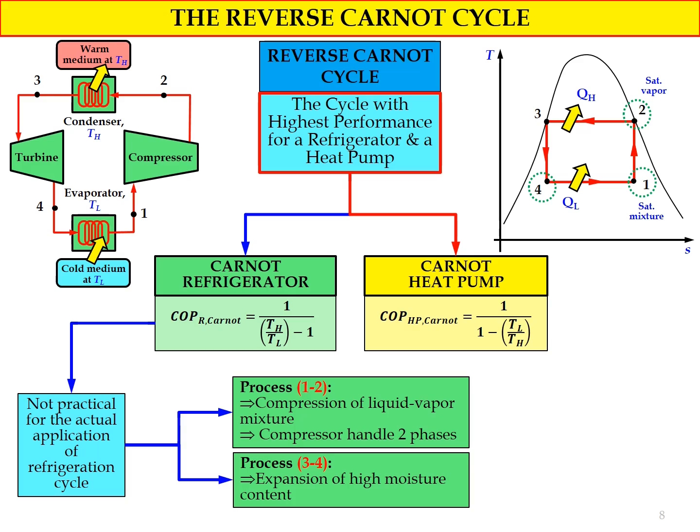So along the expansion process, the moisture content keeps increasing in the turbine. This condition is not good for the turbine blade, as the high moisture content will damage the blade during the expansion process. So we have low vapor quality and also high moisture content as problem number 2 for the expansion process from 3 to 4.